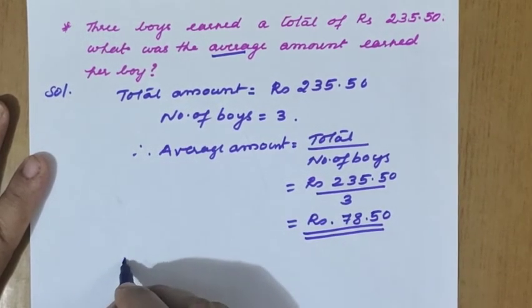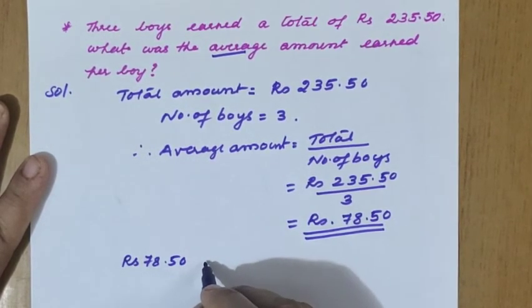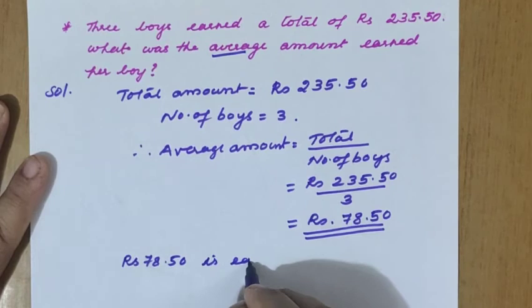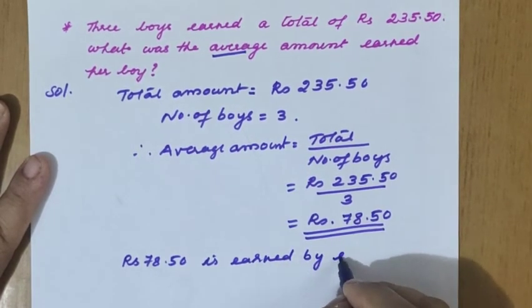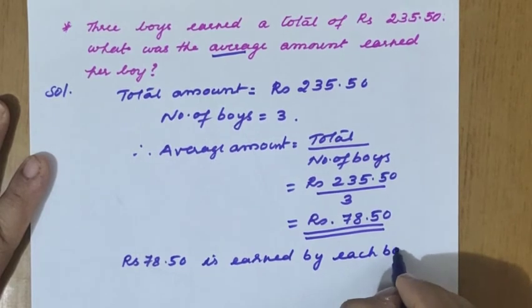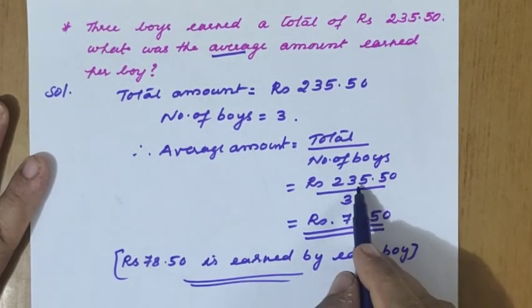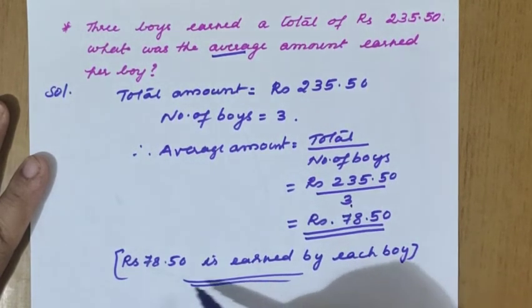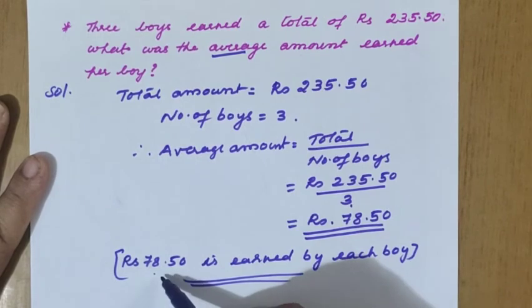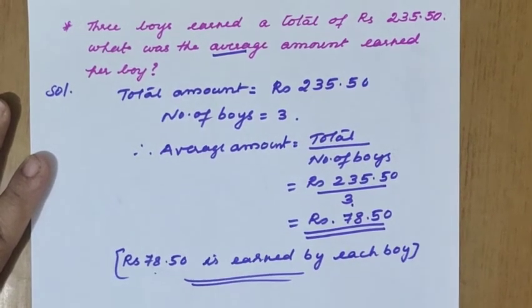So rupees 78.50 is earned by each boy. So what we have done here is the total divided by the number of boys. Simple calculations. So the answer is 78.50 rupees.